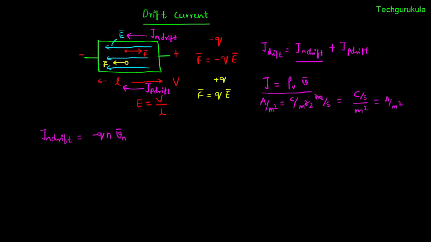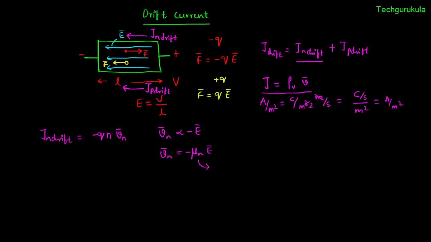Now the velocity with which the electron moves would be directly proportional to the electric field, because velocity and electric field are vector quantities. If you observe here, the electric field is in the direction exactly opposite to the direction in which the electron moves, which means we need to have a minus symbol because they are 180 degrees apart. So the proportionality constant we take as Vn bar is equal to minus mu n times E bar.